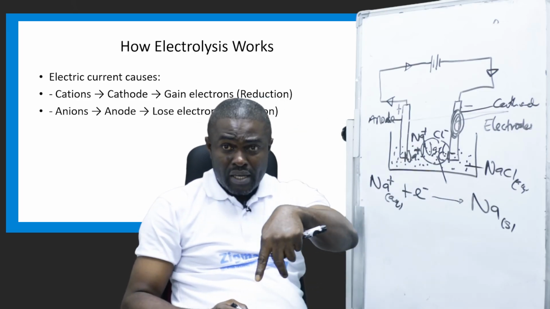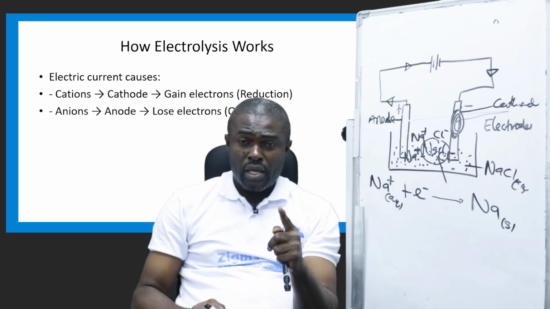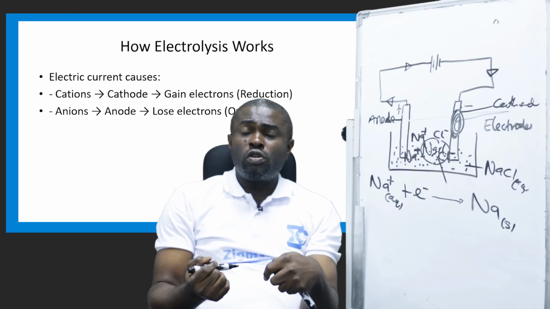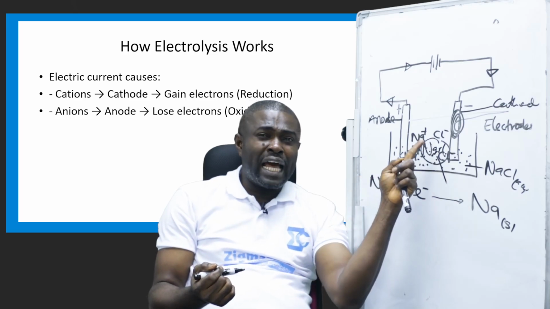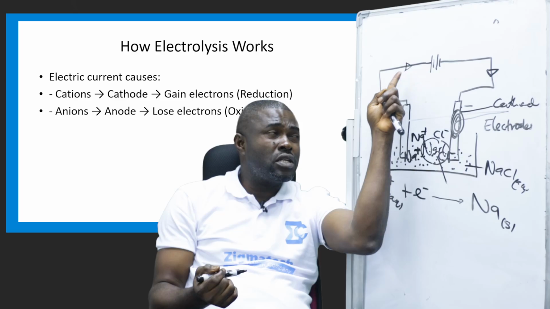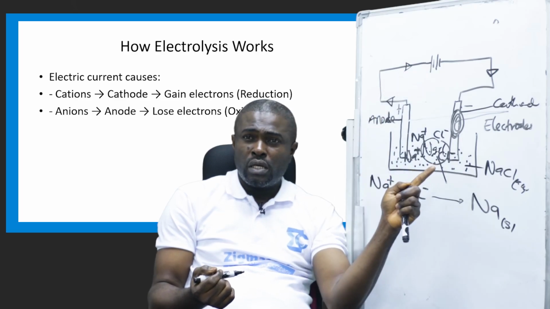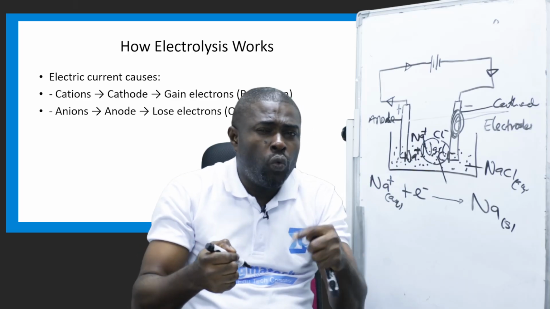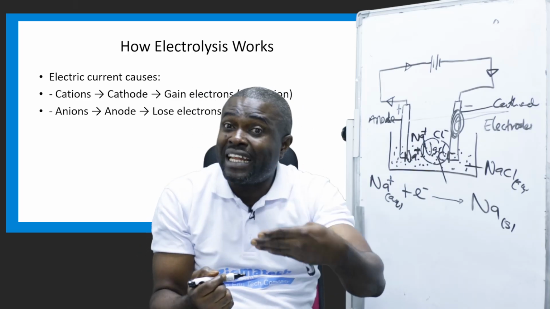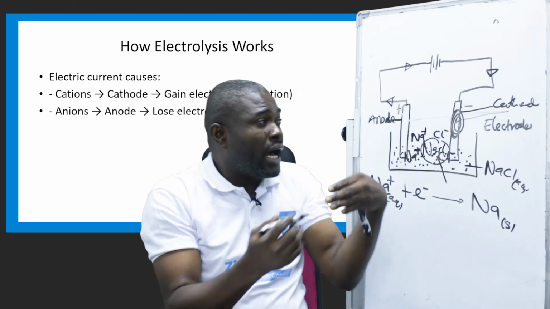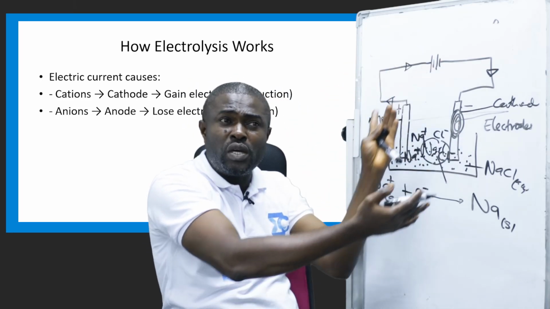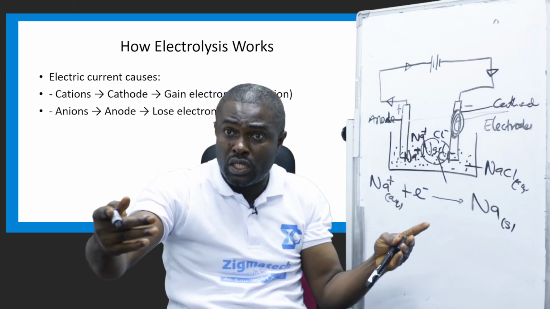That's why I said in the definition of electrolysis that it is the chemical decomposition of an electrolyte or ionic compound due to the passage of current. Then the question is, what happened there? Which actually helped us to define an electrolytic cell. I say what happened here is that electrical energy is being converted to chemical energy.